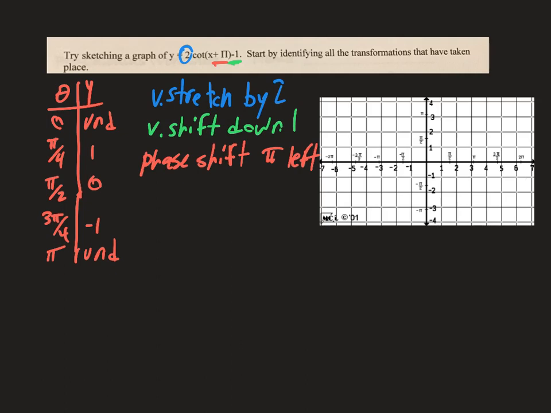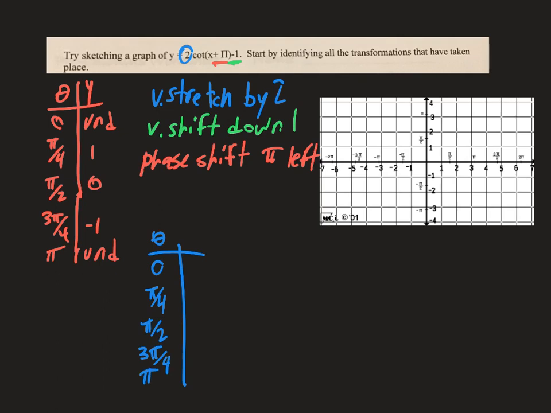So we're going to apply all 3 of those to the points that we already know. Okay, we'll start with the original values for the angles. Theta, 0, pi over 4, pi over 2, 3 pi over 4, and pi.